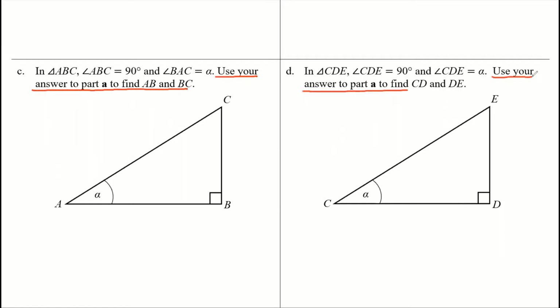Okay, so just read the instructions carefully. Okay, and you can pause the video and we'll see what these lengths are. Okay, and they will be in terms of alpha and beta, of course.